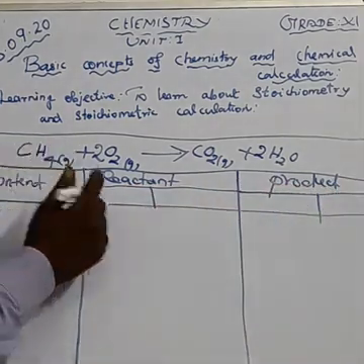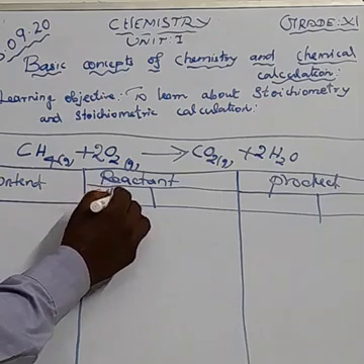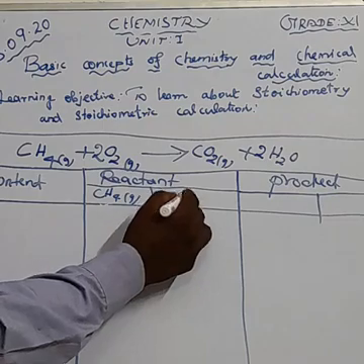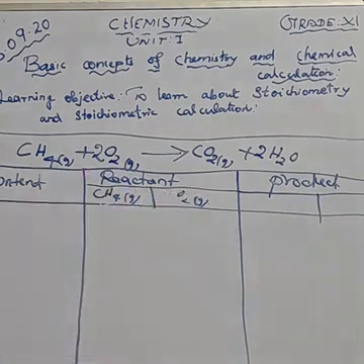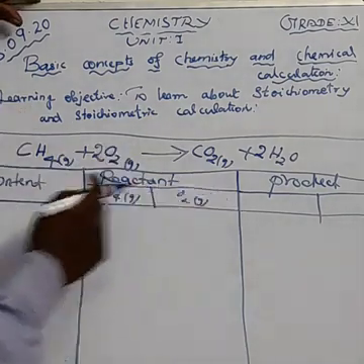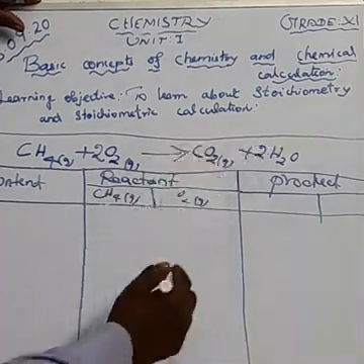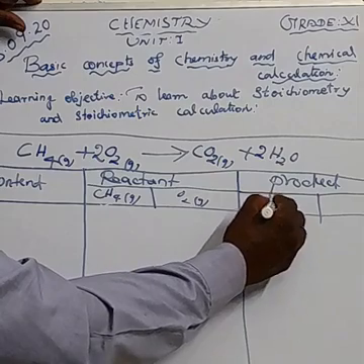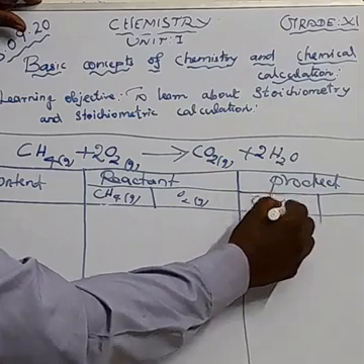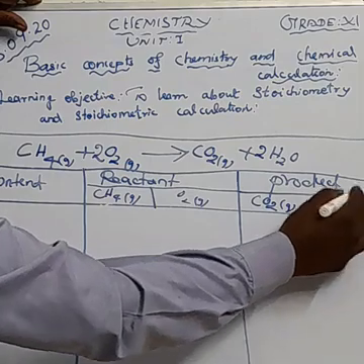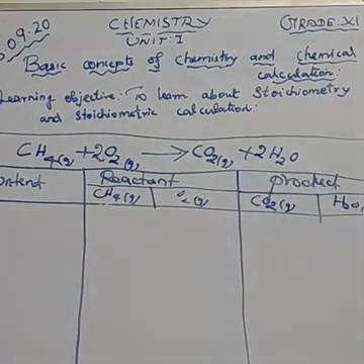First we write methane, CH4 gas. Next reactant is oxygen, O2 gas. Second, the products: carbon dioxide, CO2 gas, and water, which is also in vapor or gaseous state.